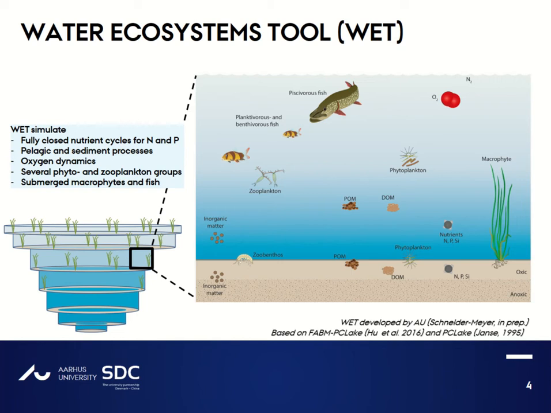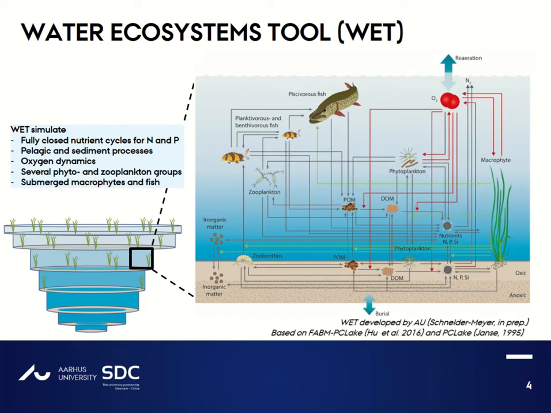All organism groups are modularized, so the user can decide how many functional groups to include in the model. WET also simulates oxygen dynamics and death rate for all organisms. All these pools are, of course, interconnected through various processes, for example, grazing, settling, or mineralization. Now, let's have a look at one of the 5 lake model case studies.